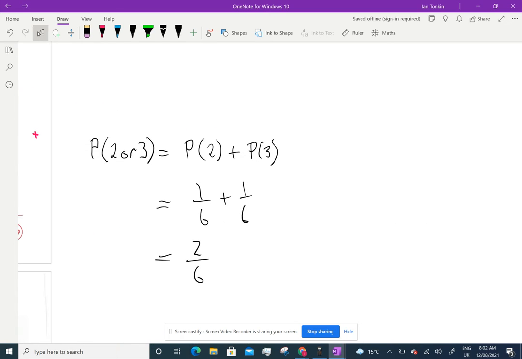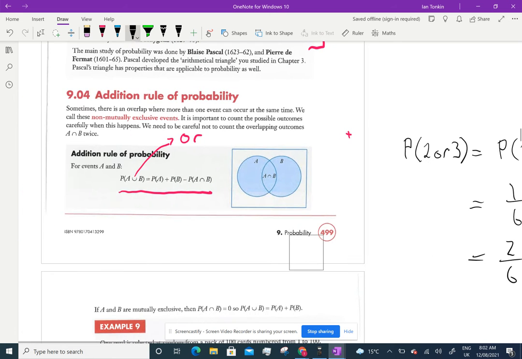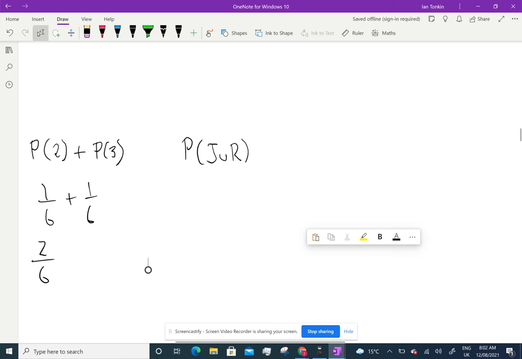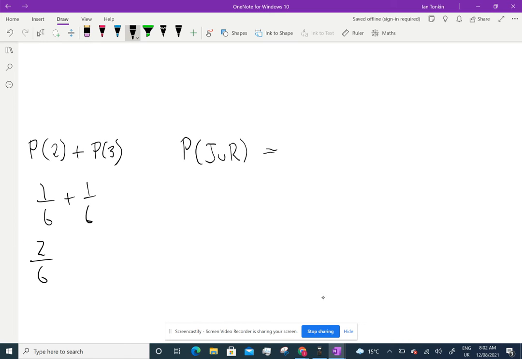But what about if I take a pack of cards and the probability of a jack or a red card? So we're going to go that. Probability of jack or a red card. Okay, well, there are 4 jacks out of 52. And there are 26 red cards over 52. And you would like to think that that is therefore 30 out of 52.